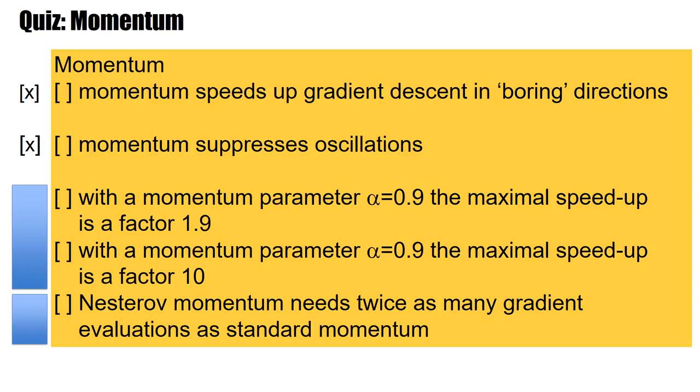With a momentum parameter of alpha 0.9, the maximum speed up is a factor 1.9, or with alpha 0.9, the maximum speed up is a factor 10. Please make your decision. One of the two is correct. Which one? And this one is correct.